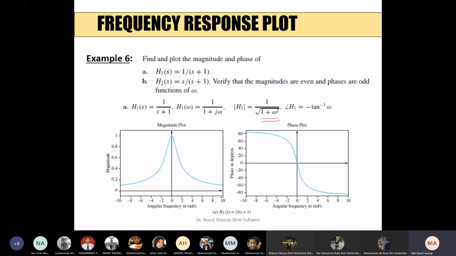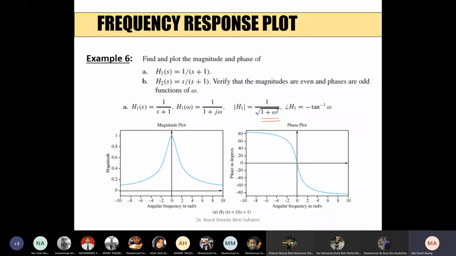But this is actually the plot if you use the angular frequency. So this is actually 1 here, right? So it is up here when omega is equal to 1.